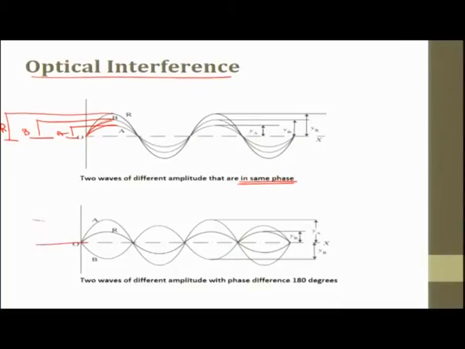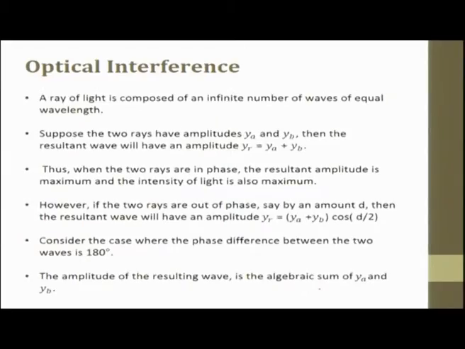Here you see amplitude A is larger than amplitude B, so A minus B gives you a resultant R. This is YA, YB and this is YR. Two waves of different amplitude with a phase difference of 180 degrees show a subtraction between the wavelengths. This is the concept for creating interference patterns.